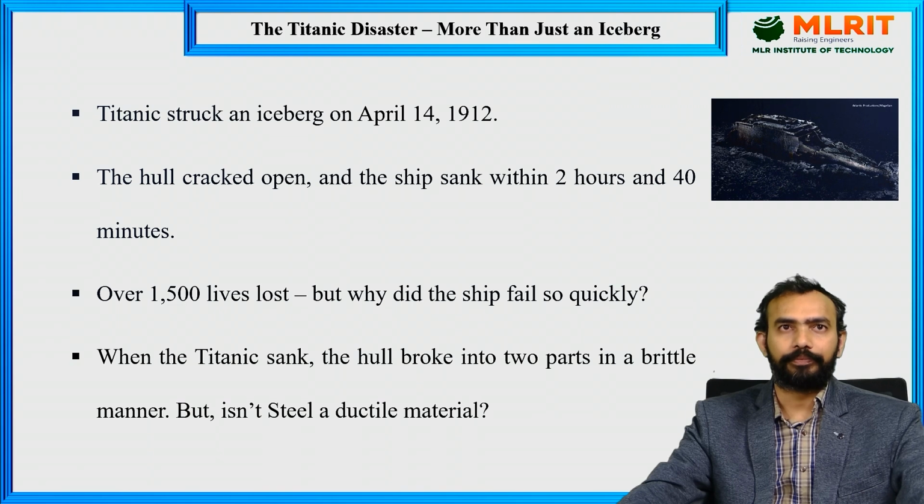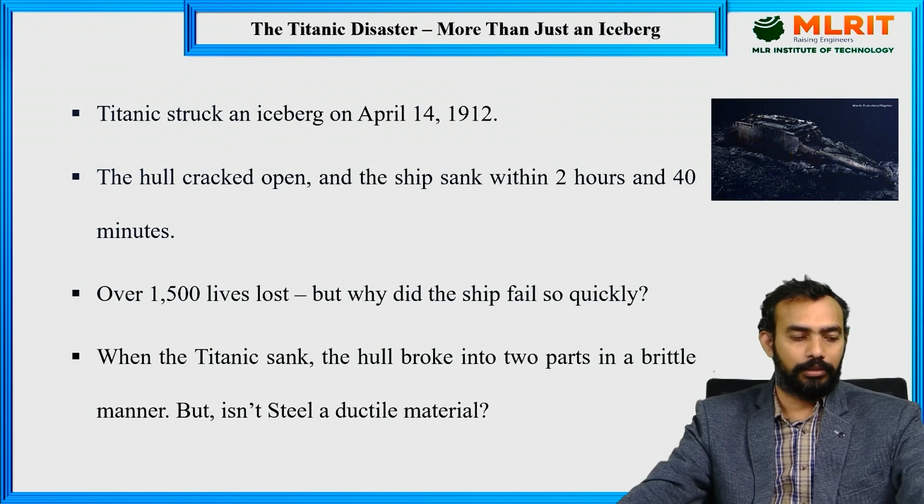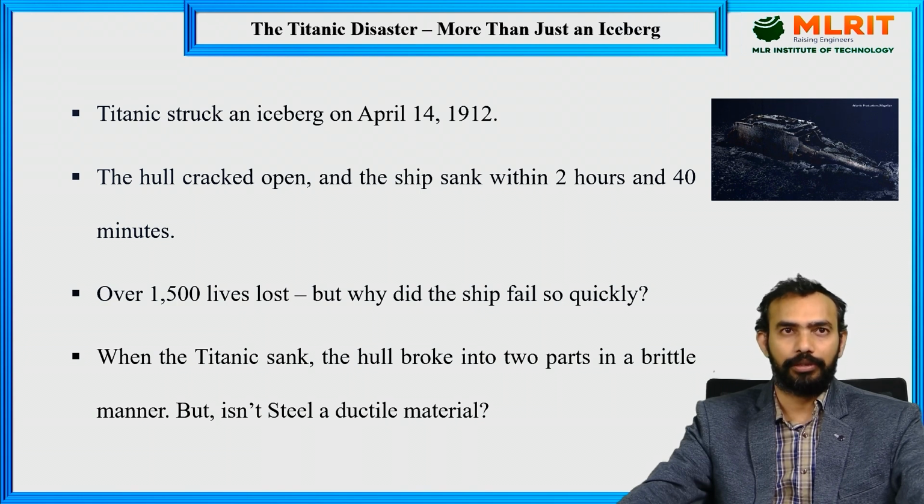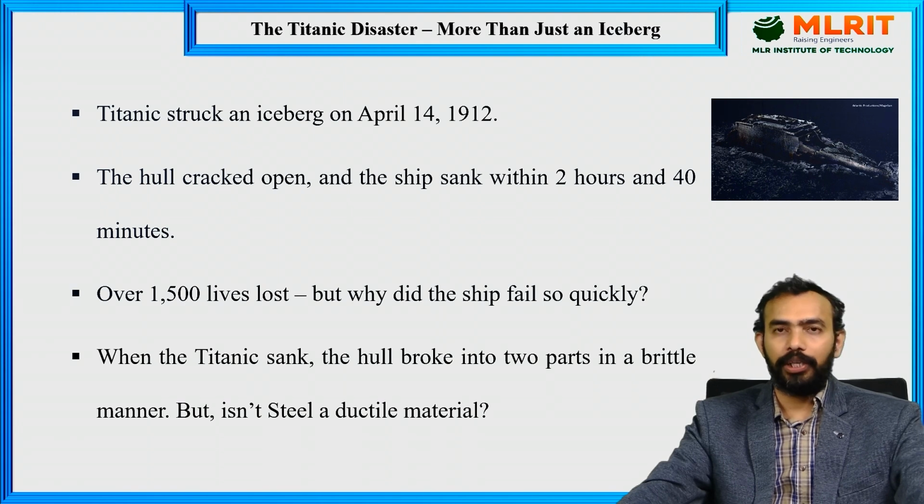If you look at the major key points, the Titanic ship struck an iceberg on April 14th, precisely in the year 1912. During those years, this ship was built with the promise that nothing could happen to it. That was the buzz during that time.